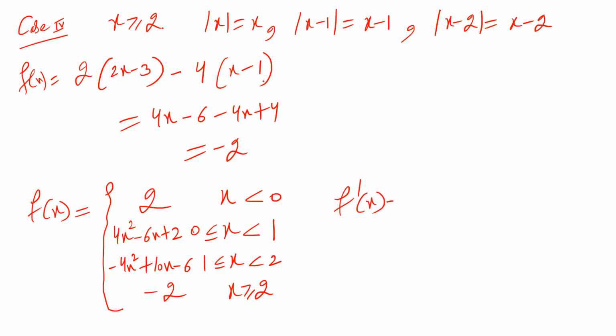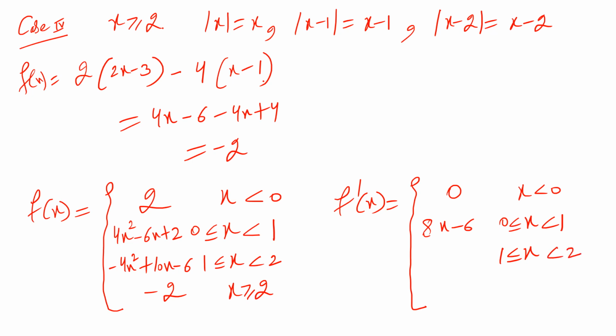Now from here, we can directly write the derivative of f(x), that is f dash x. So for x less than 0, it is 0. Between 0 to 1, it is going to be 8x minus 6. Between 1 to 2, it is minus 8x plus 10. For x greater than or equal to 2, it is just 0. Now students, we have to find the points of non-differentiability for this function.